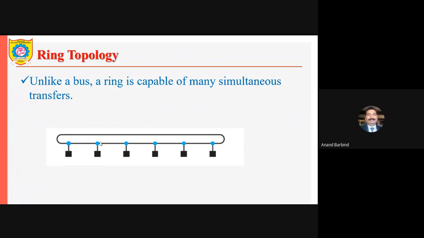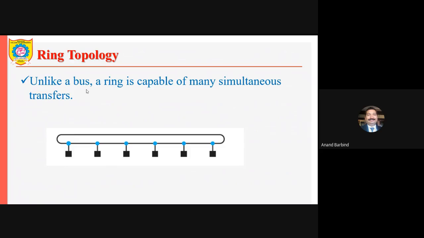So to show a typical arrangement of connection between the nodes, you can have either a bus topology or a ring topology. In the bus topology, there is a common bus, and to that common bus, the memory as well as the processors are connected.